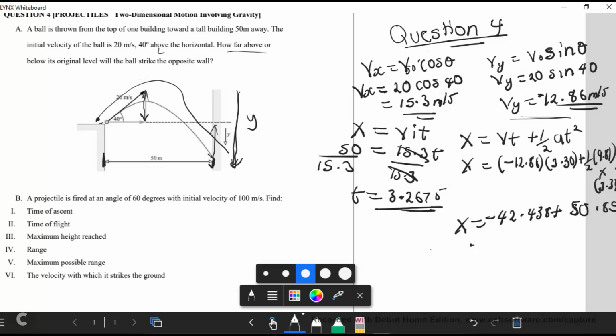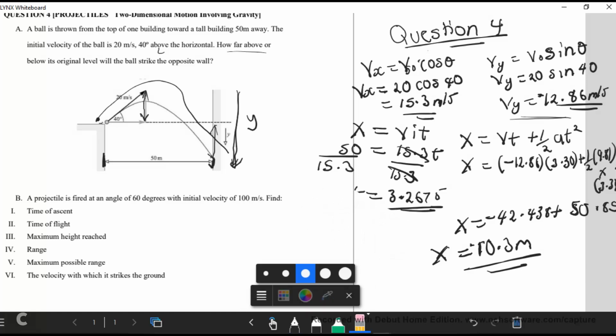Now let's subtract this, minus 42.43. So your answer is supposed to be something like 10.3 meters, like that.